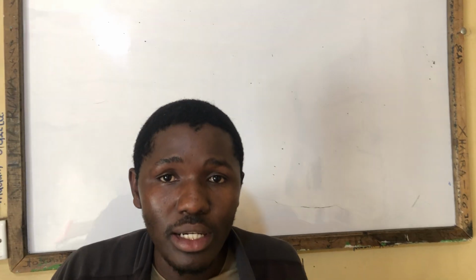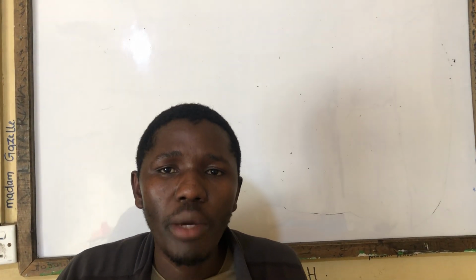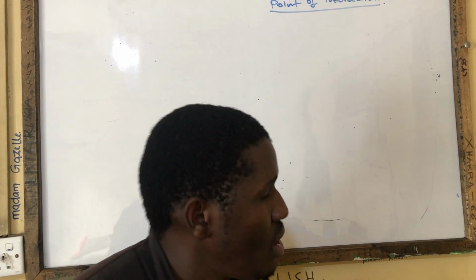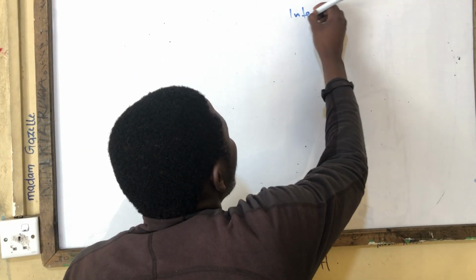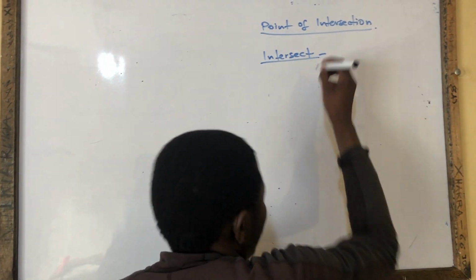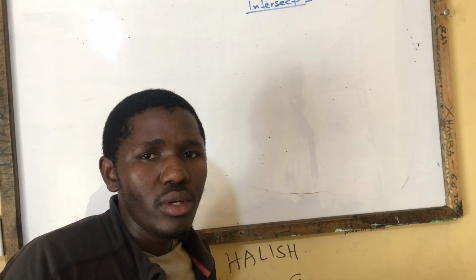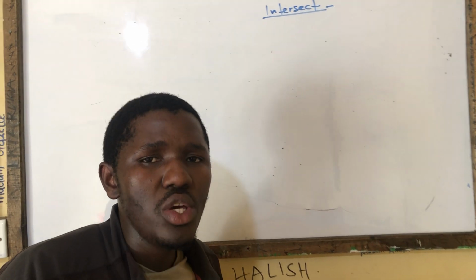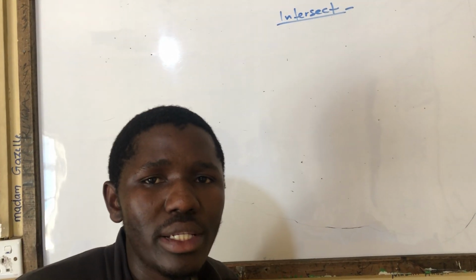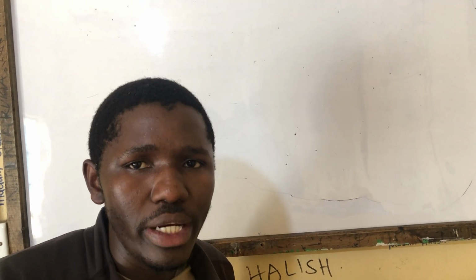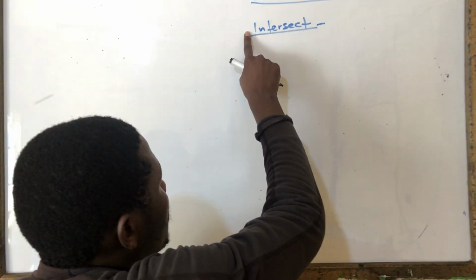What do we mean exactly whenever we talk about a point of intersection? Let's start by looking at it from the grammatical perspective. What is the grammatical meaning of the word to intersect? Grammatically speaking, to intersect means to meet. So therefore, a point of intersection should be a point where two lines are meeting, or a point where two lines join.